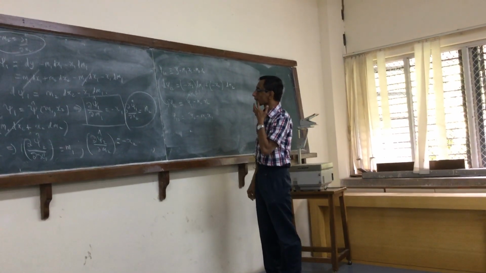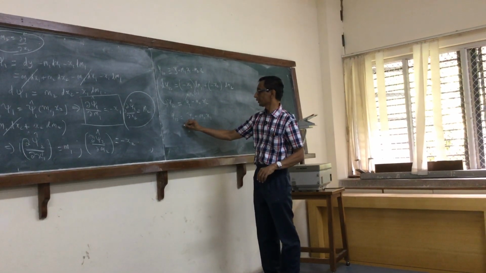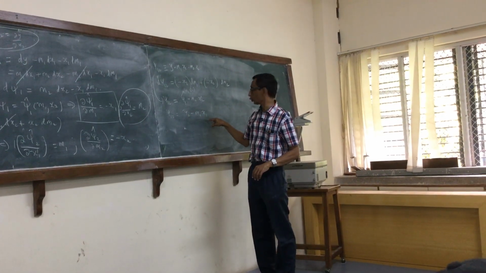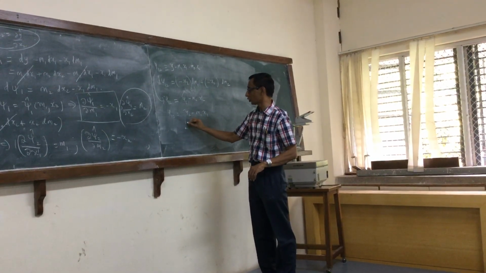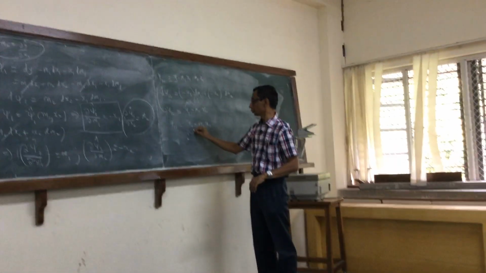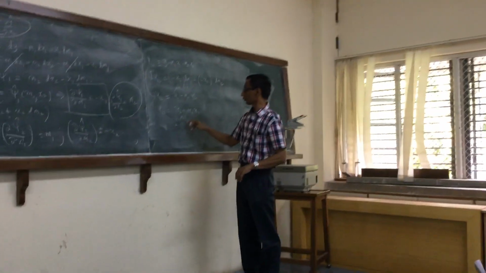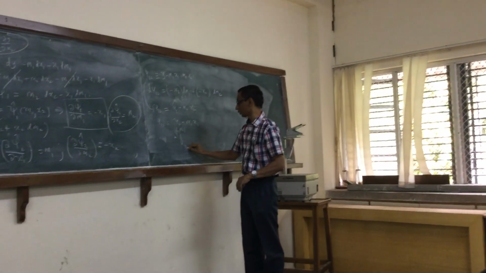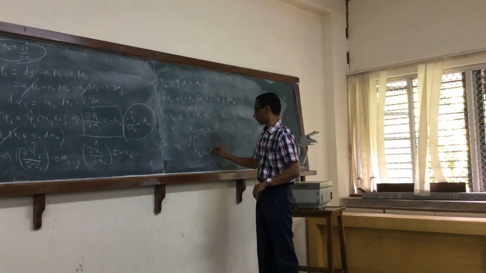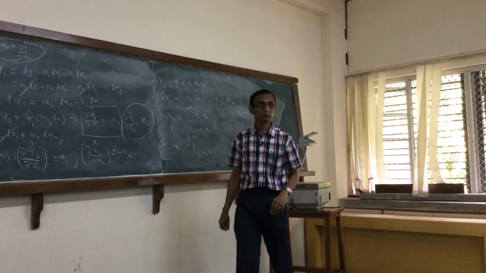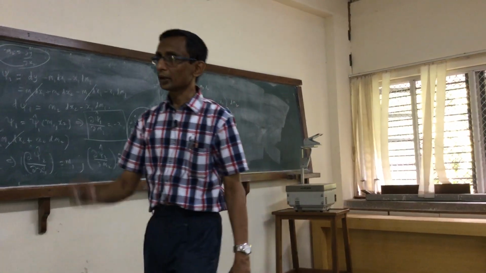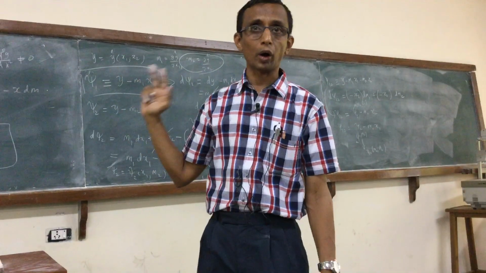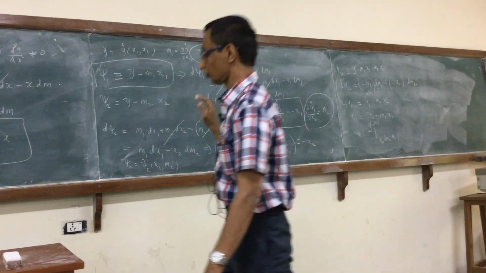Or I can do this: psi 2 is a function of x1 m2, right? And so when I do this, I eliminate x1 also, and I get psi 1 2, which is a function of m1 m2. Right? So I'll write it more clearly in the case where we want, that is the thermodynamic functions.